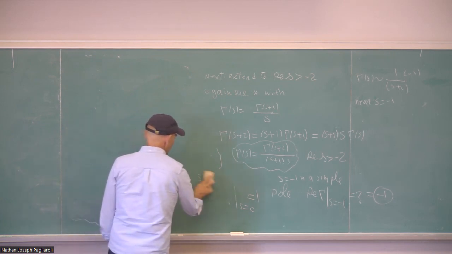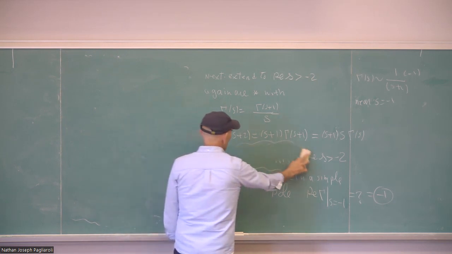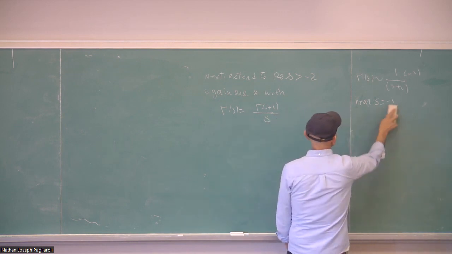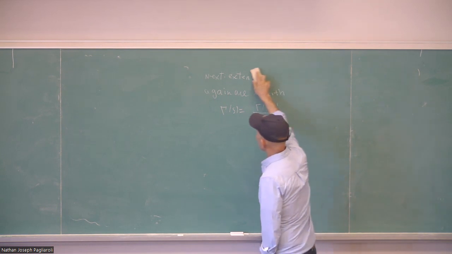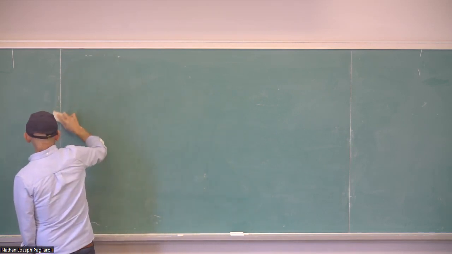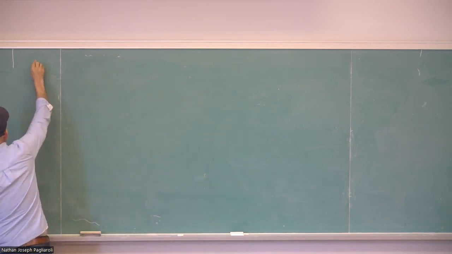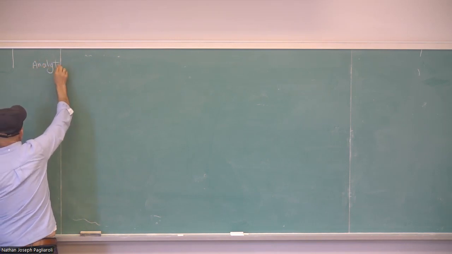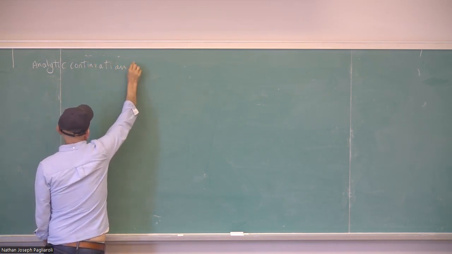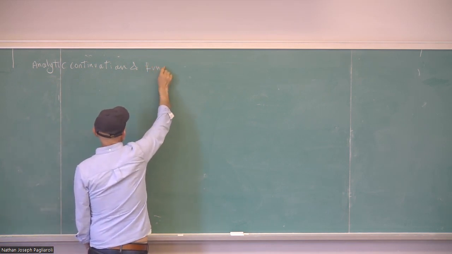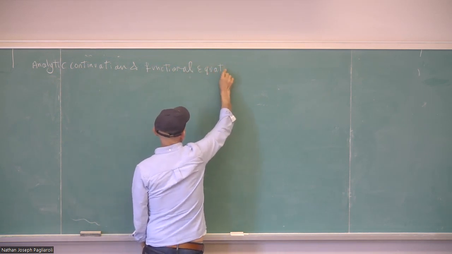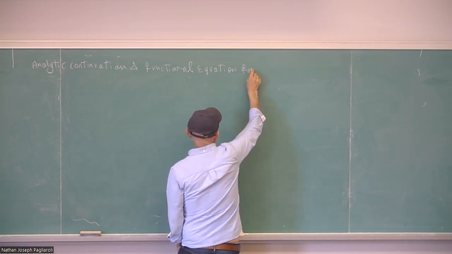So now what we are going to do is this. The next topic, which we actually already started: analytic continuation and functional equation for the zeta function.